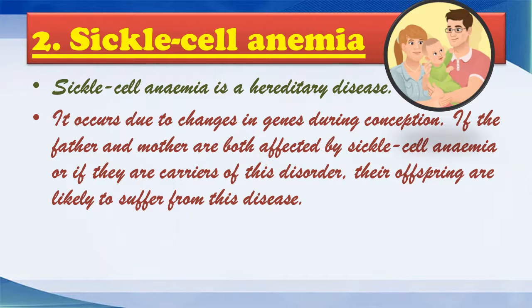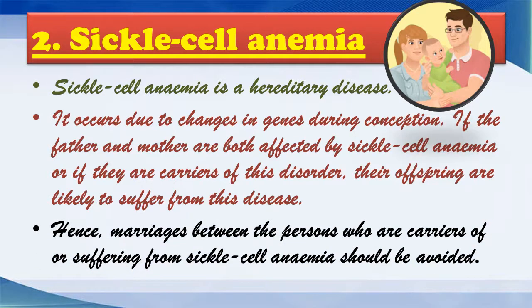If the father and mother are both affected by sickle cell anemia, or if they are carriers of this disorder, their offspring or children are likely to suffer from this disease. Hence marriages between persons who are carriers of or suffering from sickle cell anemia should be avoided, because if both parents carry sickle cell anemia, then definitely the child will get affected. That's why marriages between such persons should be avoided, just to avoid the disease.